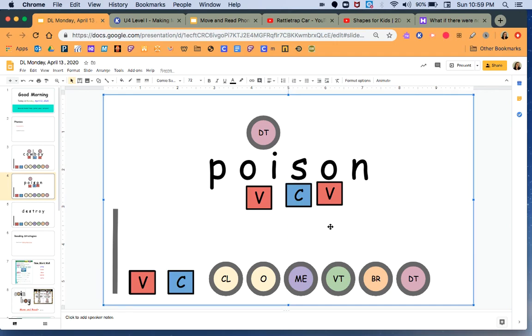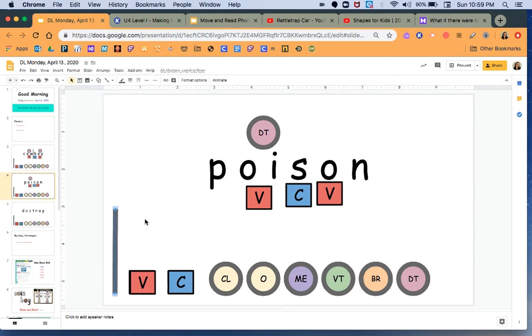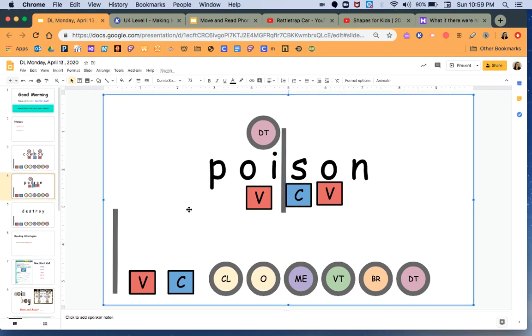Remember, guys, our first trick with our lion syllables is that we're going to divide it after that first vowel and see if it makes sense. So we're going to divide it right there. Here we go. P, oi, poi, s, on, son, poison.